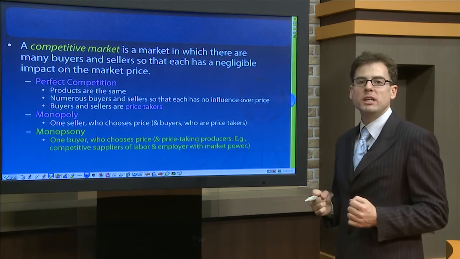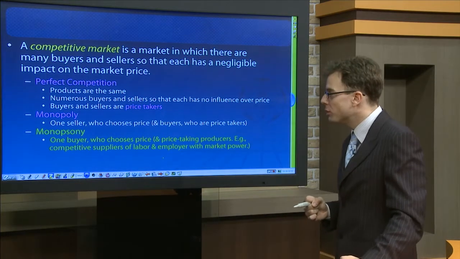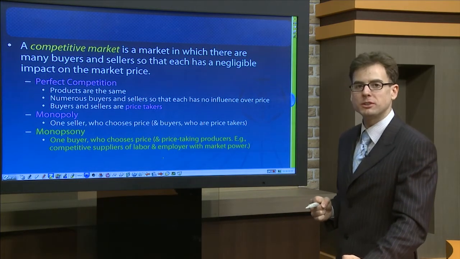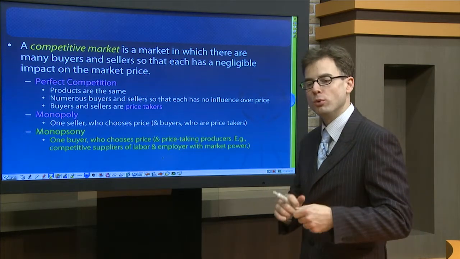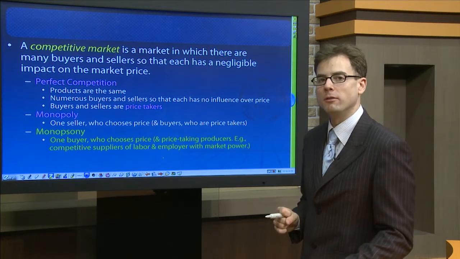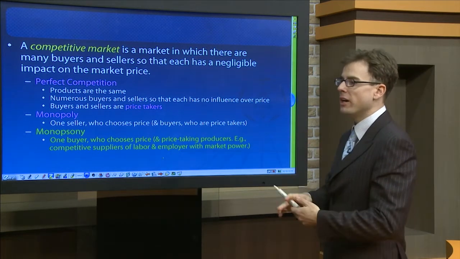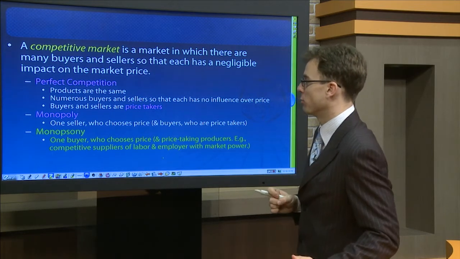By that we mean that there's a sufficient number of consumers, sufficient number of producers. Producers compete among each other to sell their product. Consumers compete among themselves to buy products at the lowest possible prices.